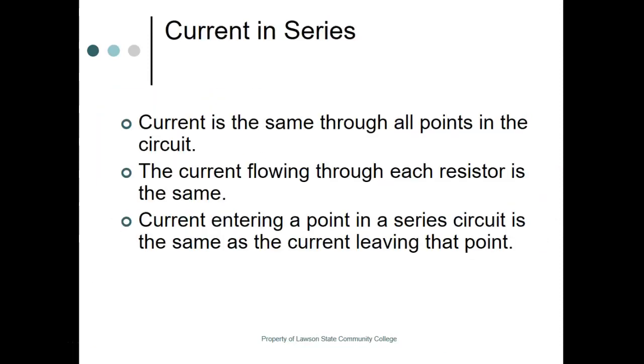Sorry. So current in series. Current in series does not change. Okay? I'll even go so far as to say current is constant in series. Current will not change no matter where in the series circuit you are. Okay? So current flowing through each resistor is the same. It's just like we were talking about with the train.